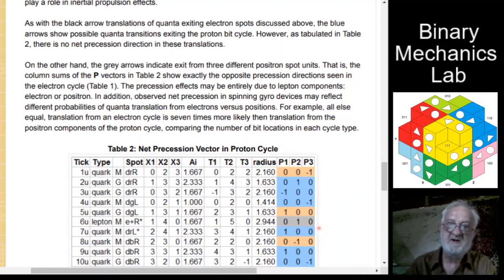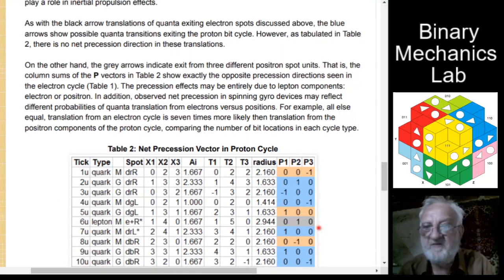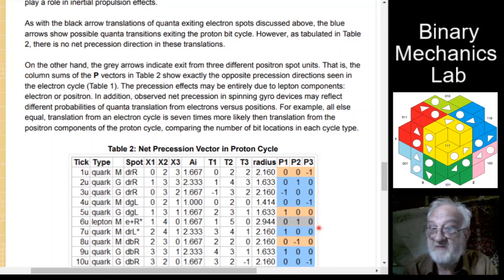On the other hand, the gray arrows indicate exit from 3 different positron spot units. That is, the column sums of the p-vectors in Table 2 show exactly the opposite precession directions seen in the electron cycle shown above in Table 1.